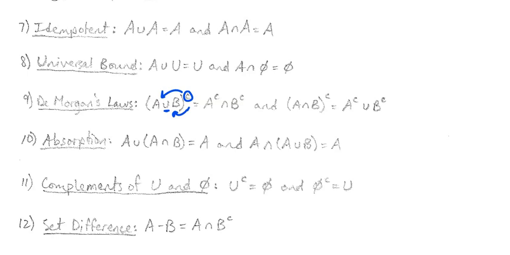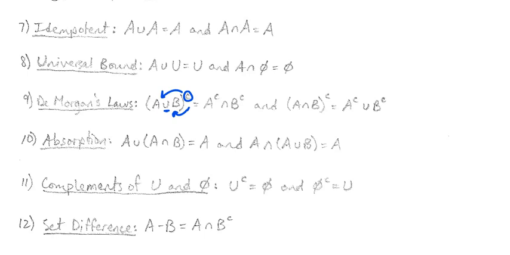Ten, the absorption laws. A union (A intersect B) is equal to A, and A intersect (A union B) is just going to give us A. Those things are a lot easier to make sense of if you draw some Venn diagrams. Eleven, the complements of the universal set and the empty set.